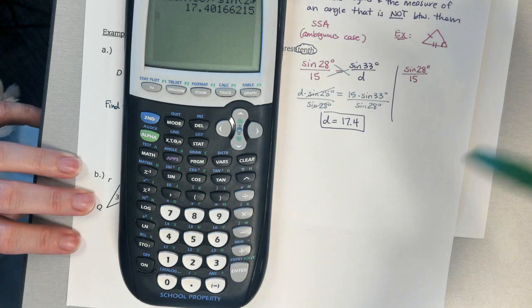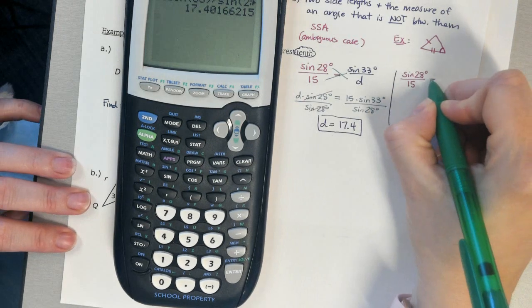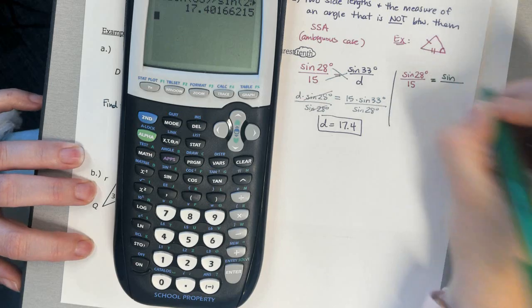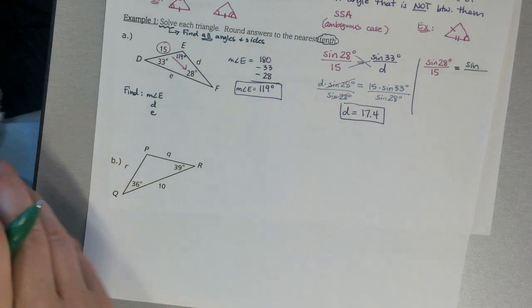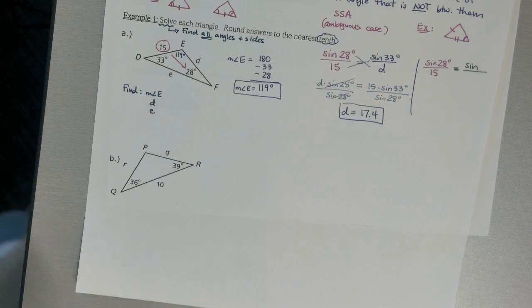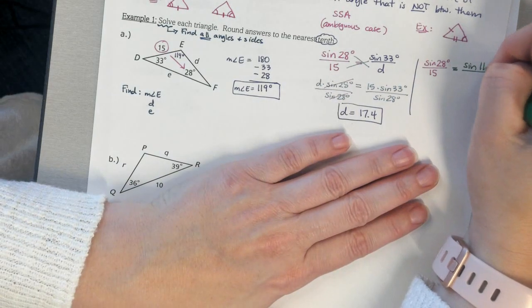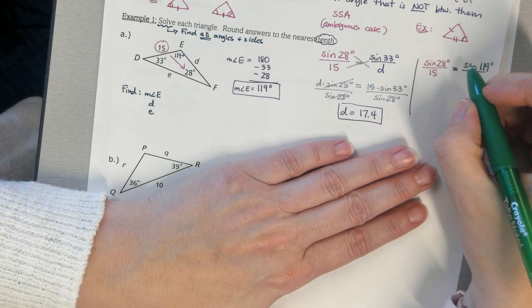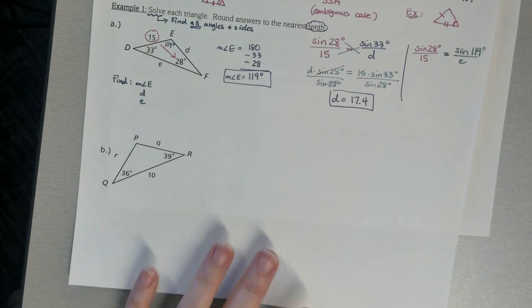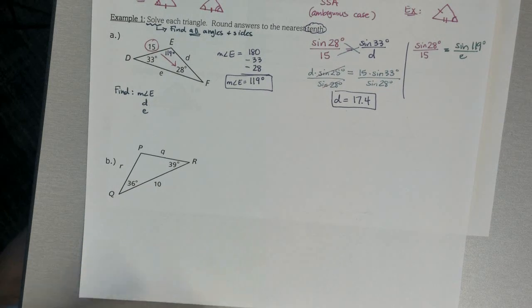And now I'm going to do equal to the sine of, and then what's across from E? What angle measures across from E? 119. So 119 degrees over E. Okay, and notice that I do want you to use your degree symbols for any time it's an angle measure.